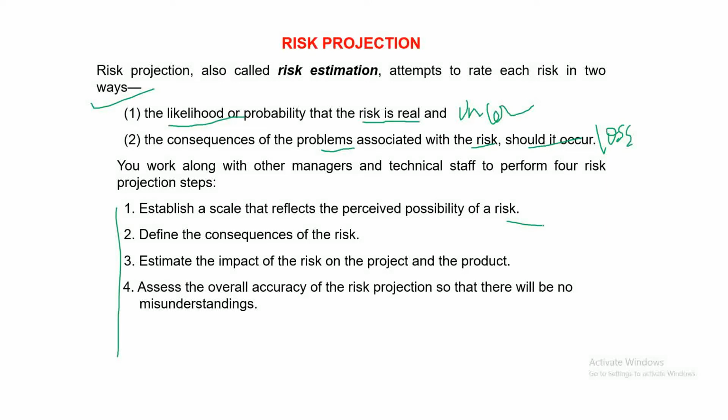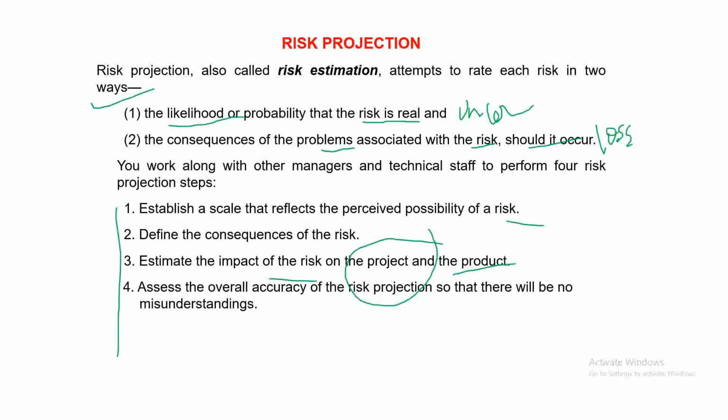Second, define the consequences of the risk. Whatever risk you have identified, its various consequences need to be defined properly. Third, estimate the impact of the risk on your project or the product that you are working on.